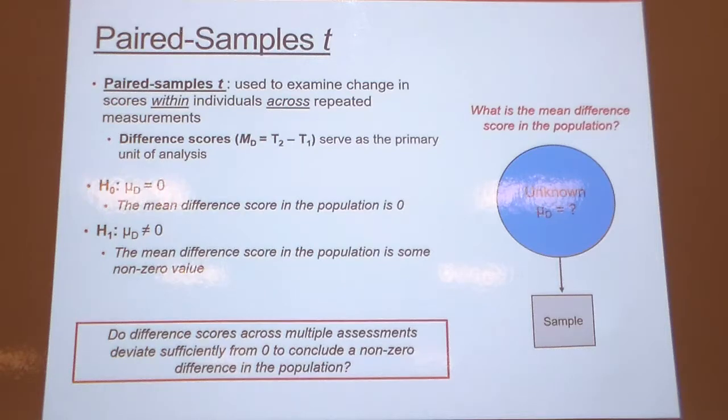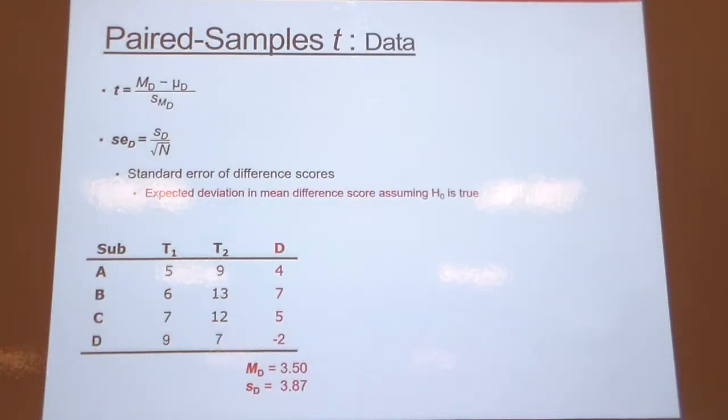Do these difference scores deviate sufficiently from 0, indicating a non-zero difference in the population? And this starts to become important, remembering that all we're doing with a paired sample T test is just a one sample test of whether the difference scores are different than 0, right? That's all we're doing with this stuff. Nothing crazy or fancy going on with our paired sample T.